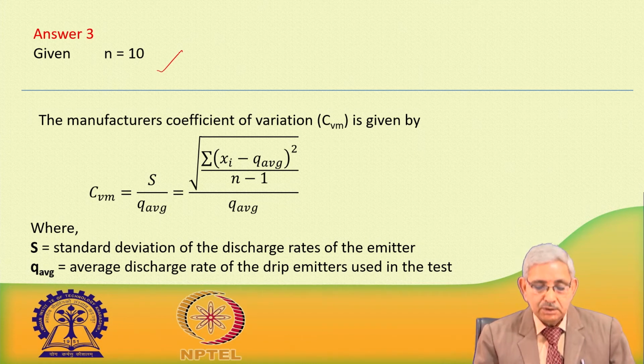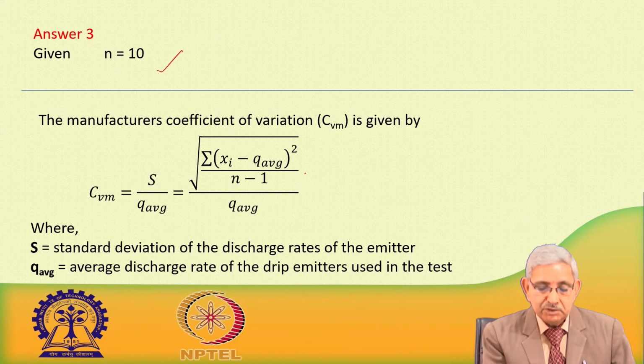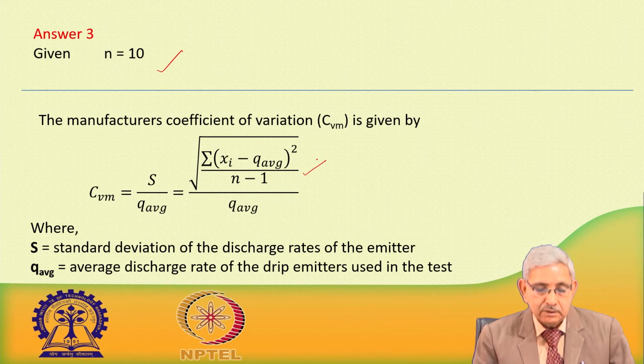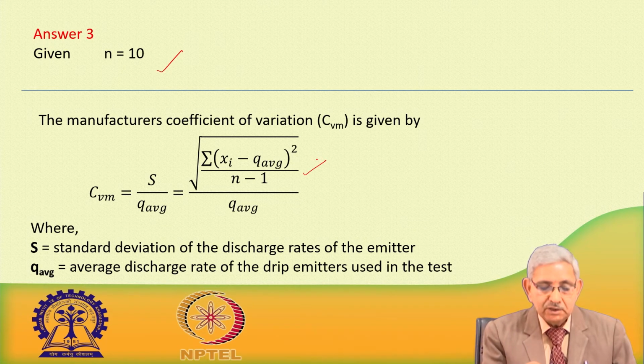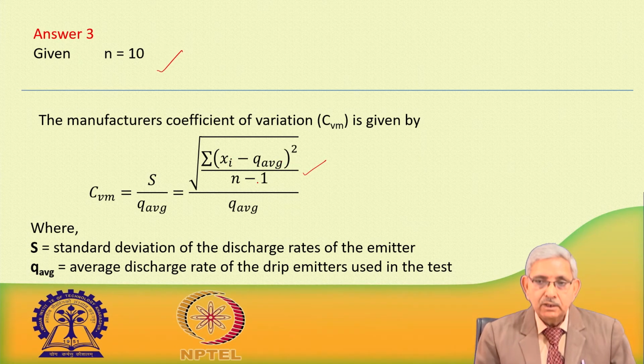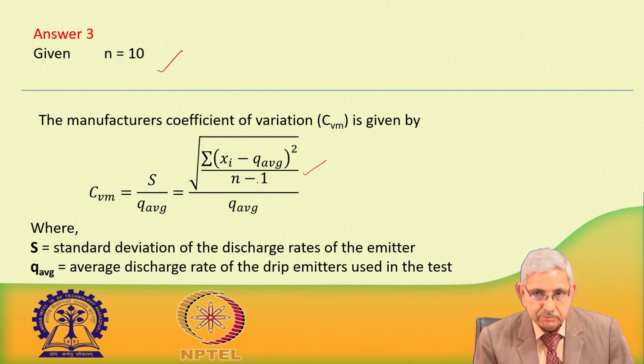The standard deviation is estimated by taking each of the 10 individual observations, finding the discharge from each individual observation minus the average of 10, divided by the total number of observations minus 1, that is 9.